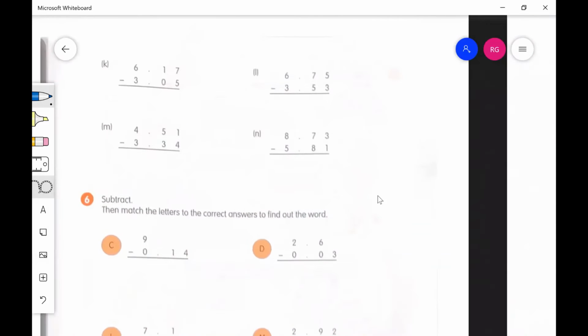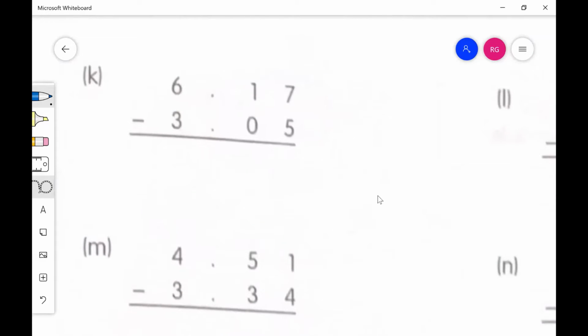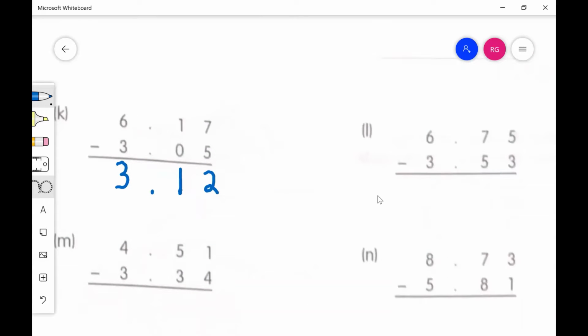Okay, at the top here, it has part K and says 6.17 minus 3.05. Okay, this one is going to equal 2, 1, and 3.12 should be our answer for that one.